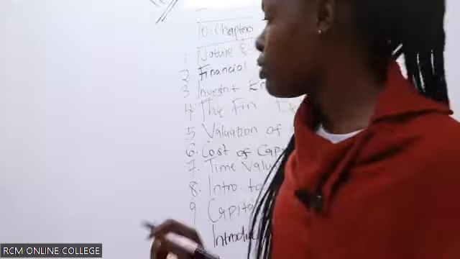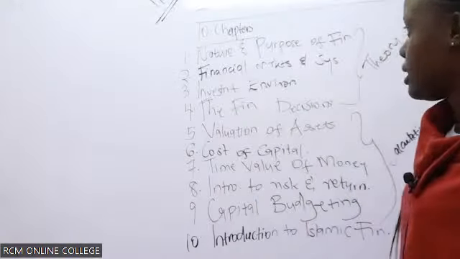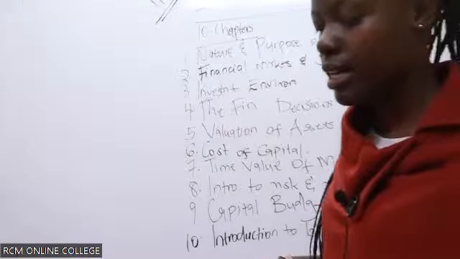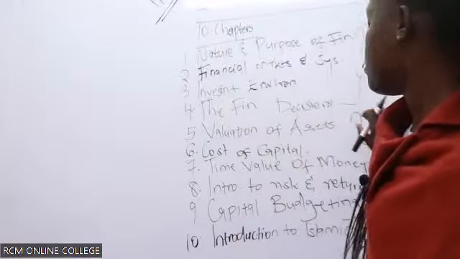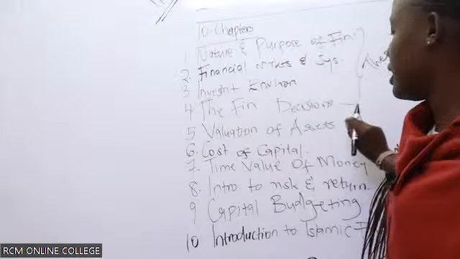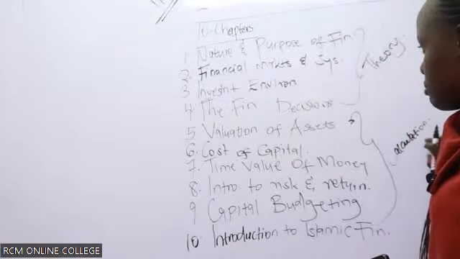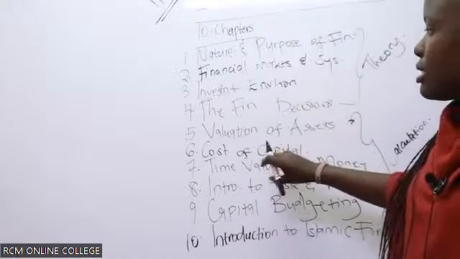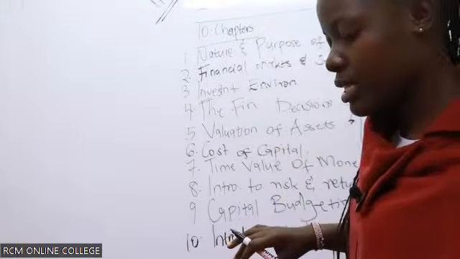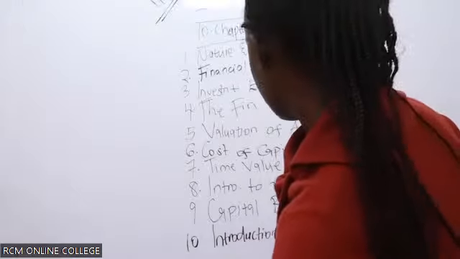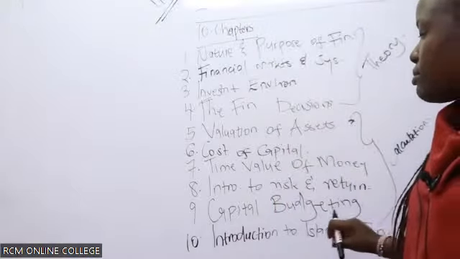First of all, I'm going to measure my discussion on this calculation part, just in case time cuts us off, because this is the main part. Most of our papers come in calculations. So you're supposed to mainly focus on valuation of assets, cost of capital, time value of money, introduction to risk and return, and capital budgeting, these 5 chapters.